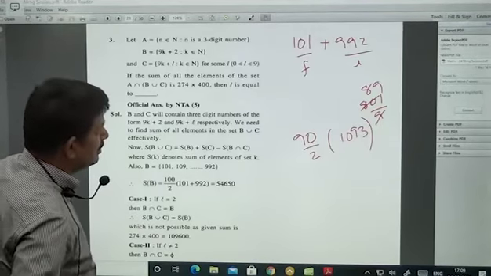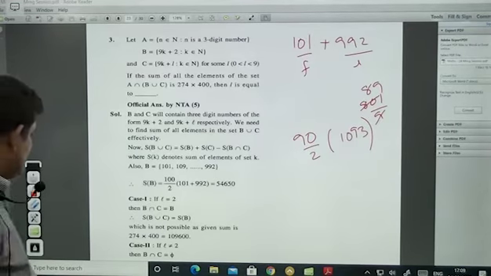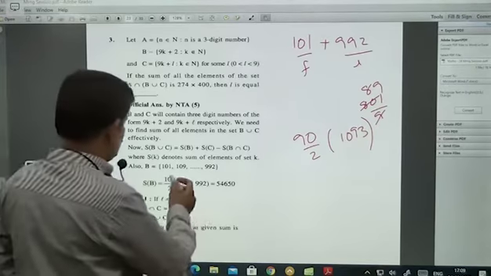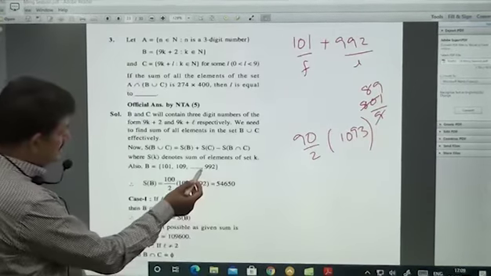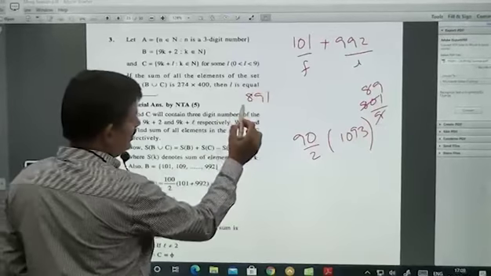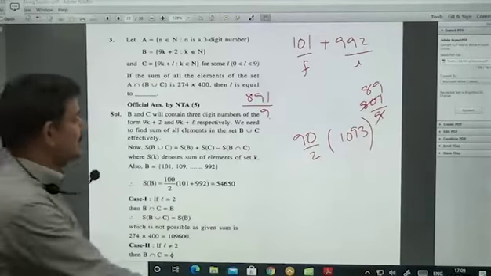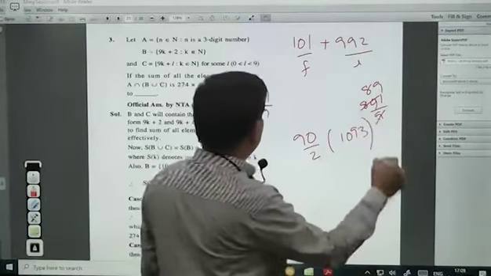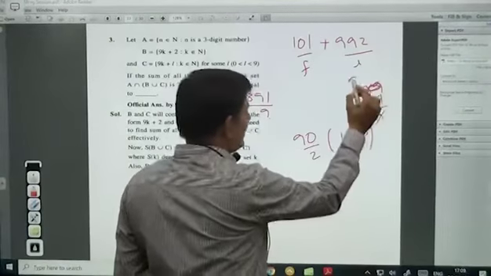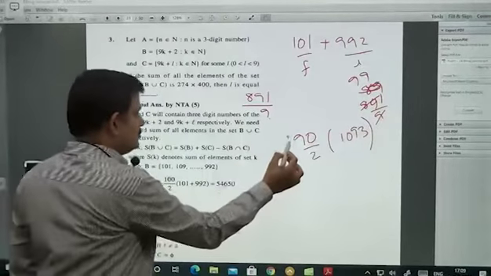Nine numbers you are counting, right? 9k plus 2. So what is the difference? 891 divided by 9. Acha, 891. I made a mistake here. 891 indicates 99. So 100 numbers. Good.